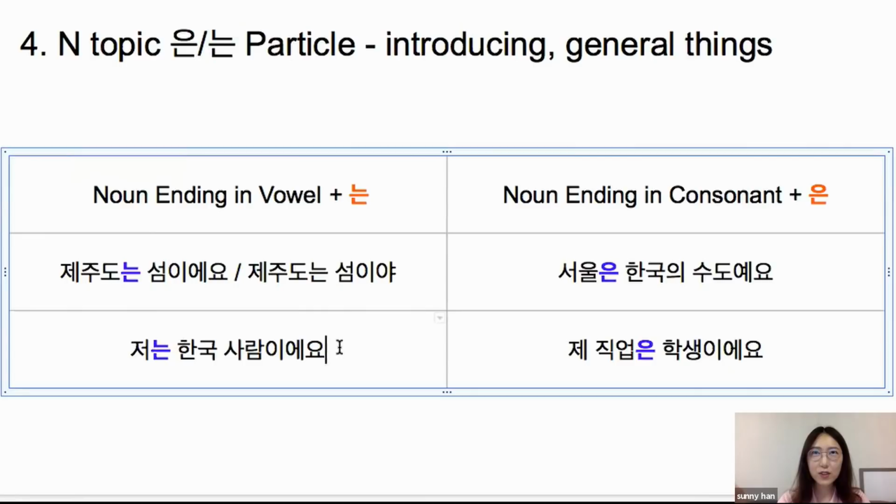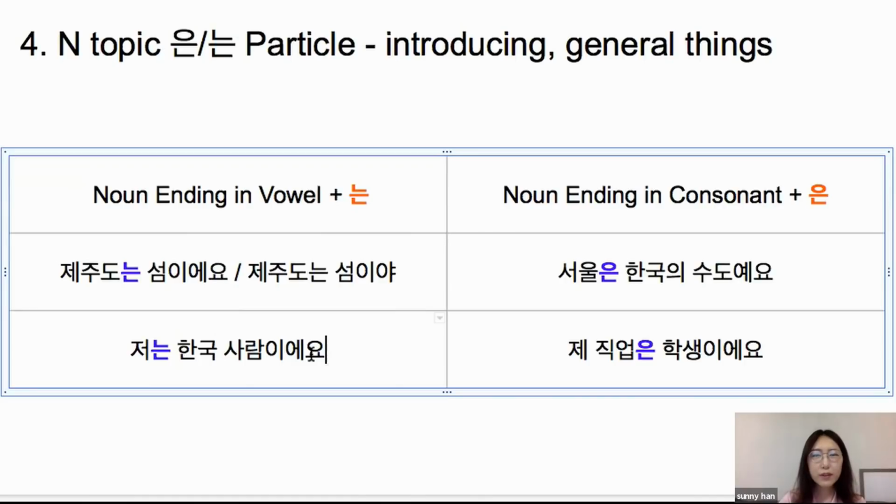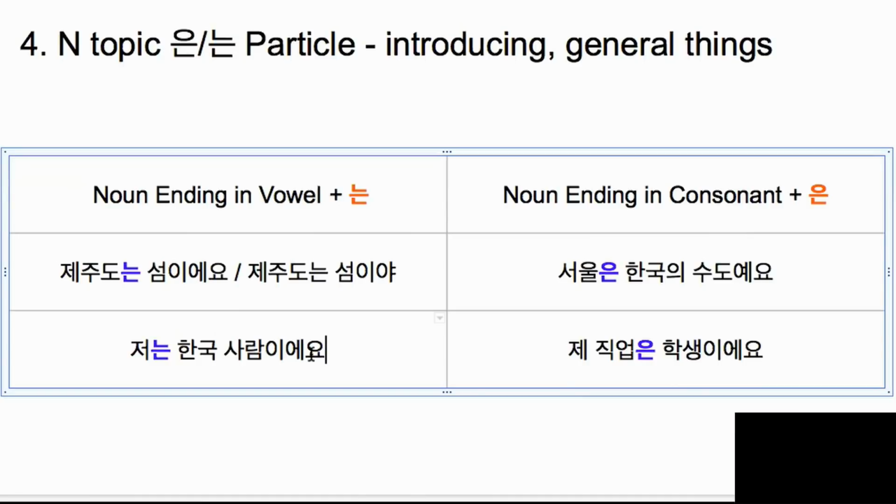If you speak to someone who is older than you, you have to use formal way, polite way. Or if you meet someone for the first time, you have to use formal way. 저는 한국 사람이에요. Do you remember American? How can I say? 미국 사람.